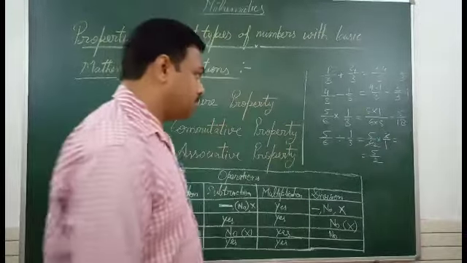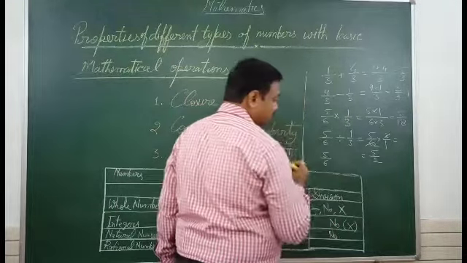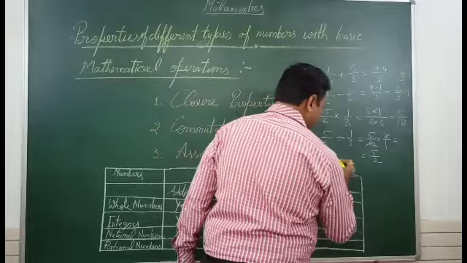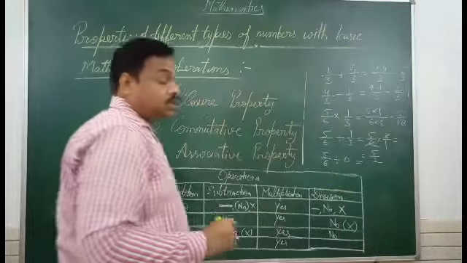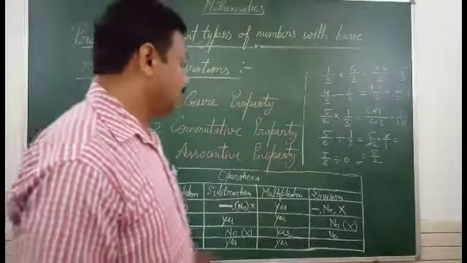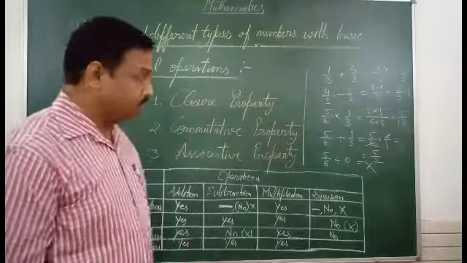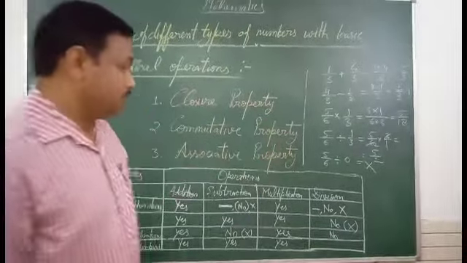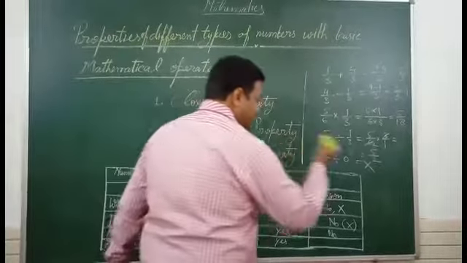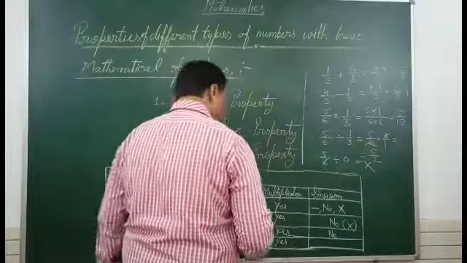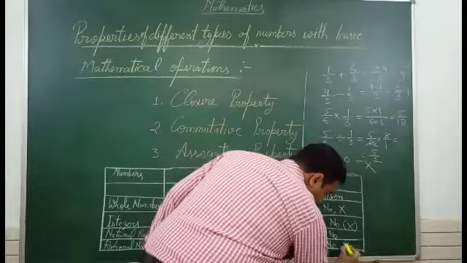But in some cases, when 5 upon 6 is divided by 0, in this particular condition, the answer is not defined. So for this condition, we will not get a rational number, and due to this particular condition, the rational numbers are not closed under division. So here we will put no.